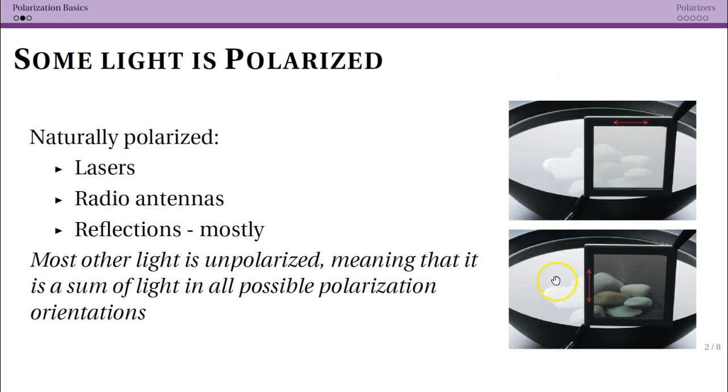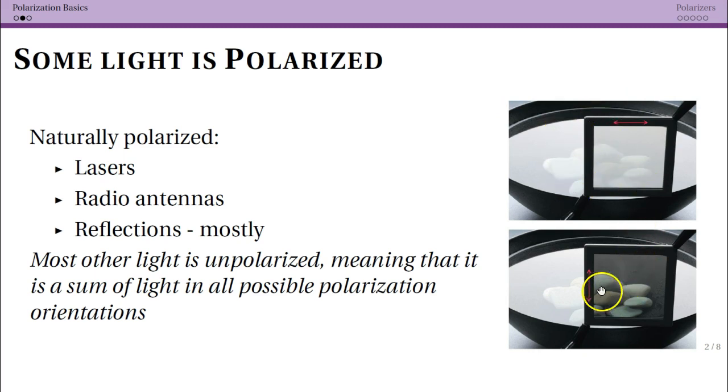And so one picture here is that you have some sort of bowl of water with some rocks in the bottom, and the reason the surface looks kind of white is because of polarized light. Now in this case we have a polarizer, so we're looking at the light that's polarized horizontally, and it still looks very bright. We're seeing a lot of the light from the reflection.